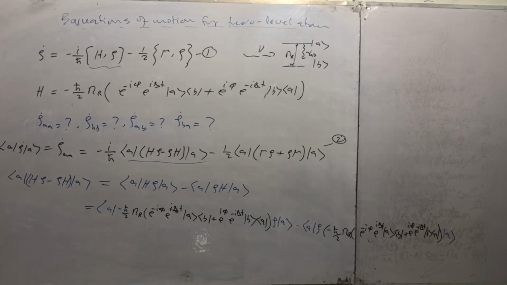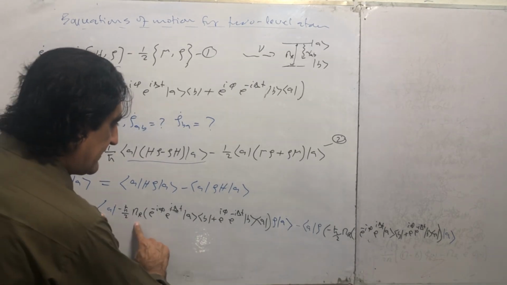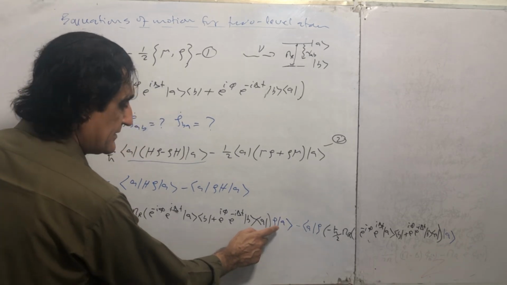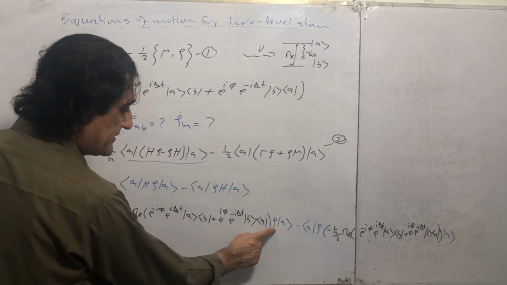Now this is very simple. Multiply this <A| with this side and |A> with this side, but you must be careful about this.